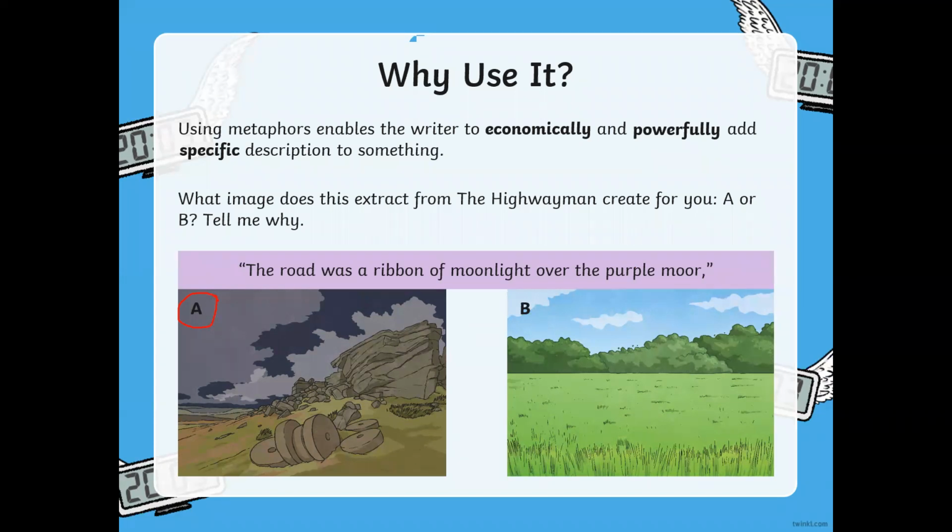So the road was a ribbon of moonlight. There was a road in this moor, and that resembled the moonlight, like a little sliver of moonlight that you have. But B is a nice, well-lit area, and everything is good in B. So B doesn't demonstrate what the metaphor was trying to show.